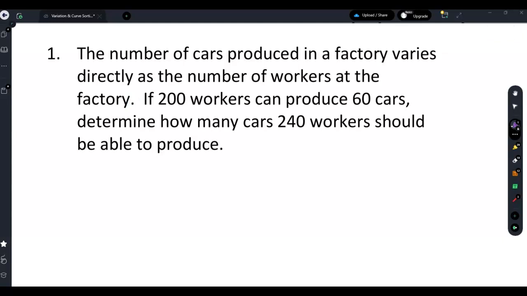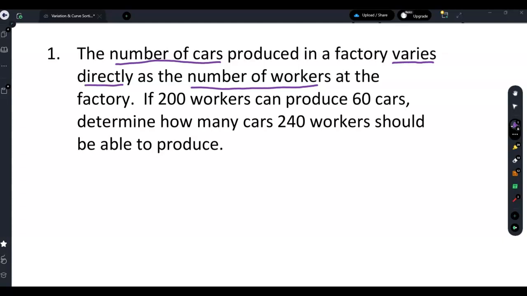So I'm seeing the key phrase varies directly, so that means I'm going to use that formula y equals k times x, but in this case it's not going to be y. This says the number of cars produced is what varies directly as the number of workers. So you can use whatever variables you want, but I encourage you to use variables that will remind you of what they actually stand for.